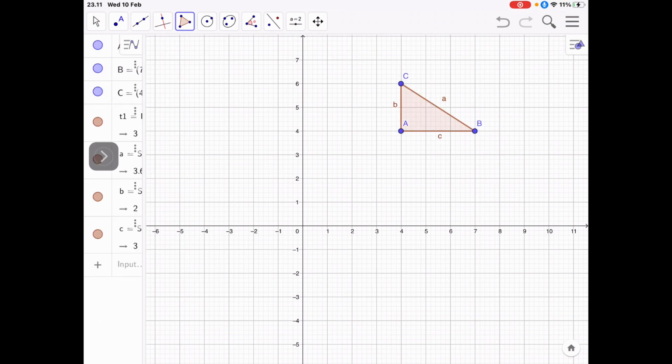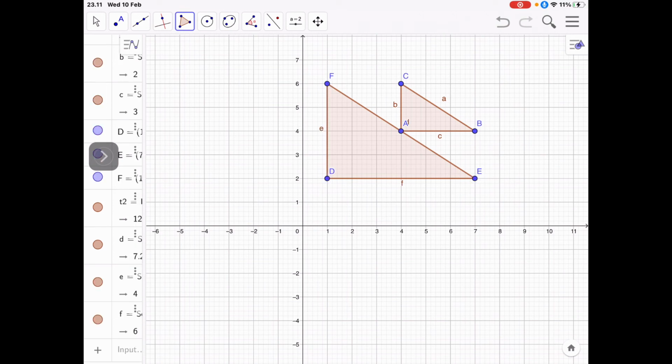So we have triangle ABC. The corresponding image points, D is (1, 2) and E is (7, 2). F is (1, 6) and we have triangle DEF.